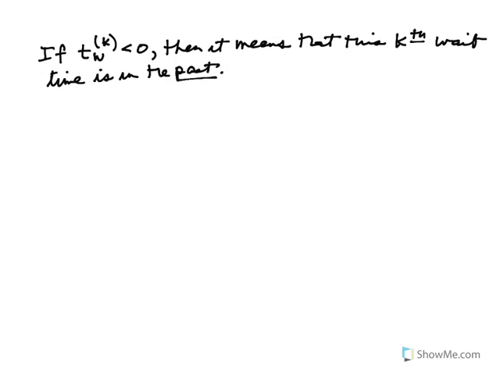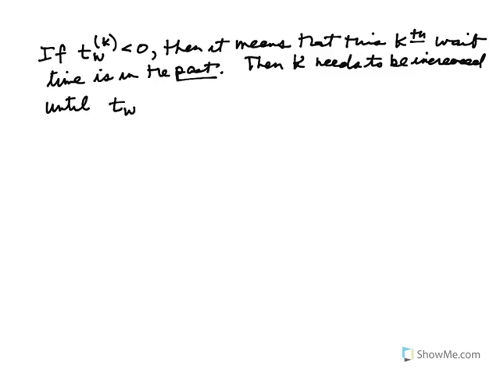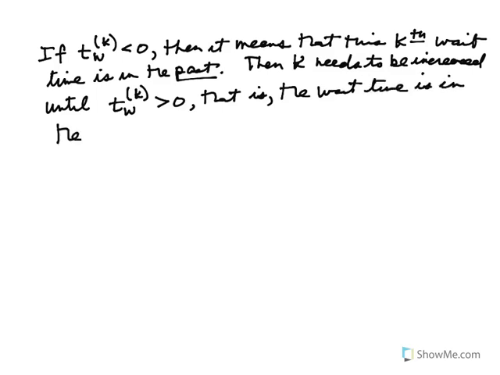So in that case, k needs to be increased until t sub w k is greater than 0. That is, the wait time is in the future, because you can't go backward in time.